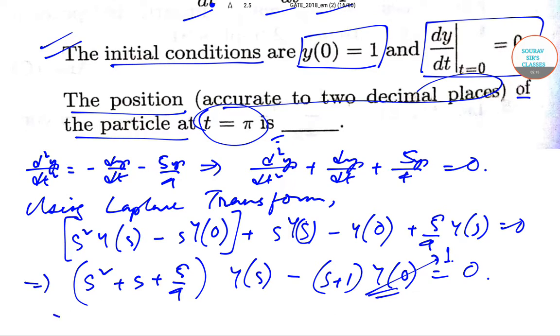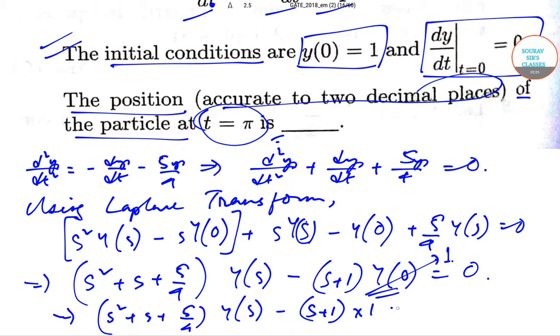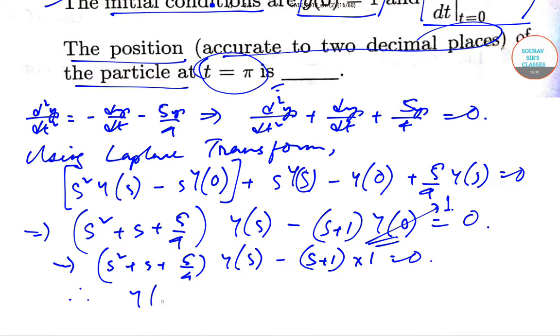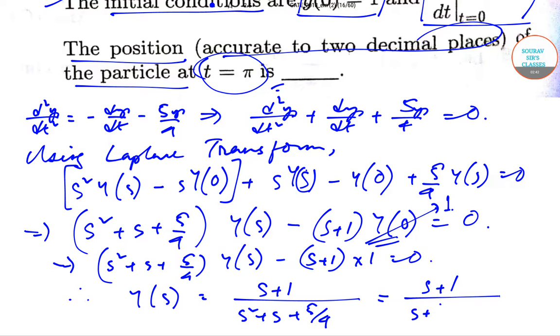So basically we can write this as (s² + s + 5/4) Y(s) - (s + 1) into 1 is equal to 0. So now we can write that Y(s) = (s + 1)/(s² + s + 5/4), and this we can write as (s + 1)/((s + 1/2)² + 1). This is what we got so far.